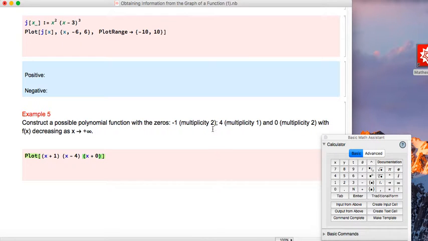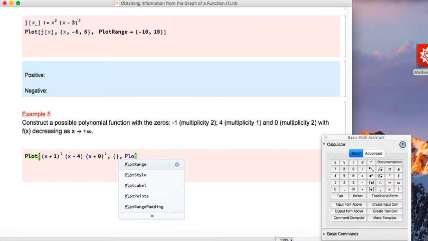Let's say multiplicity 2, that means x plus 1 multiplied twice, so x plus 1 squared. Multiplicity 1 means x minus 4 only has exponent 1. The zero at 0 has multiplicity 2, which means x squared.